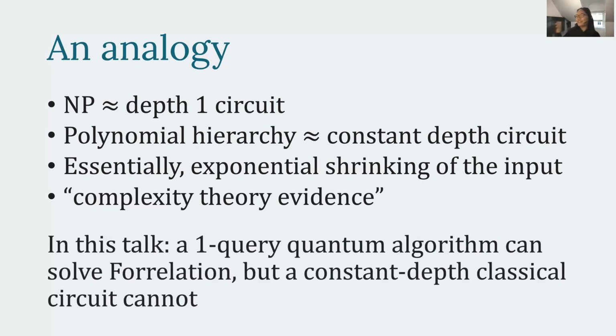So after doing all of these funny reductions, I will eventually want to say that a one query quantum algorithm will be able to solve the Forrelation problem, but a constant depth classical circuit will not be able to.